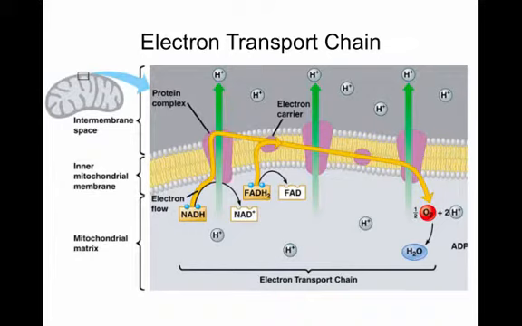Okay, so here we have a picture of the electron transport chain, and this is where understanding the spaces and membranes of the mitochondria becomes very, very important. Let me orient you to the diagram. They show you a little mitochondria over here on the left.